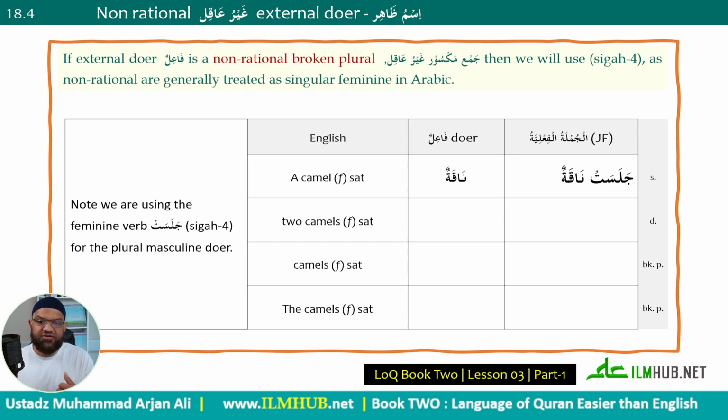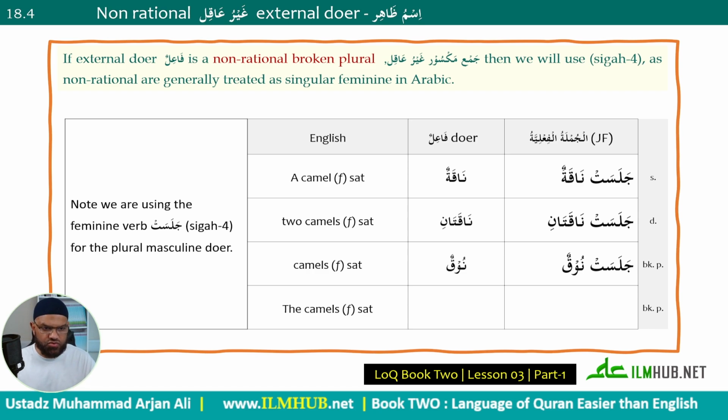Now I want to say a female camel sat. I'm following the rule. I'm using the feminine sighah number 4. Jalasat naqatun. If I want to say 2 female camels sat, again, naqatani. Jalasat naqatani, which you can see. If I want to say nuqun, which is the plural of female camels, again, rule still applying.